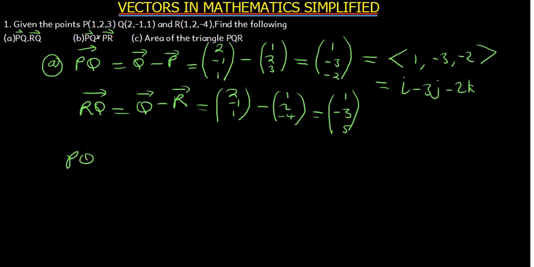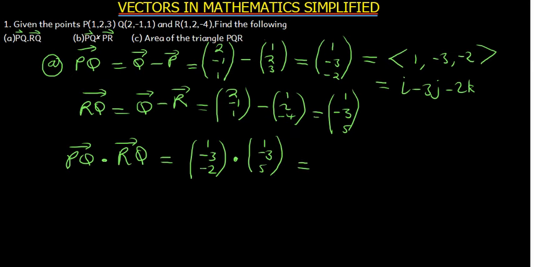Therefore, PQ dot RQ is going to be equal to first PQ, that is 1, -3, and -2, performing a dot product with RQ, which is 1, -3, and 5. So we'll multiply x coordinates together, y coordinates together, and sum them.